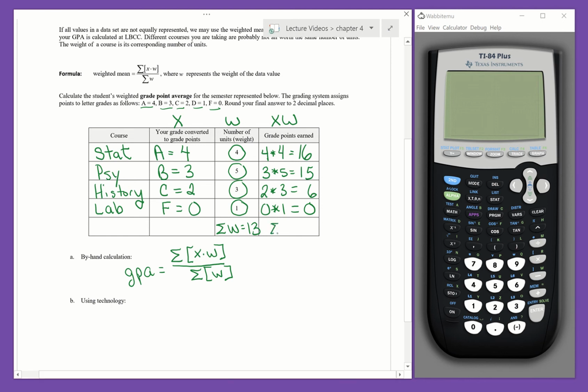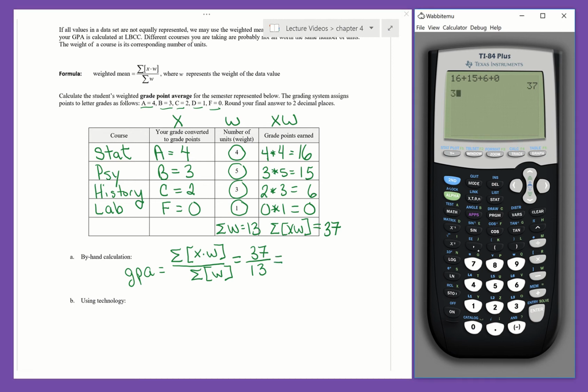So when we add each of the XW values, of which there are 4, I'm even going to turn my calculator on here and take 16 plus 15 plus 6 plus 0, of course. So it's looking like you've got a total of 37 grade points. So if we take those 37 grade points, distribute them evenly among the 13 units.